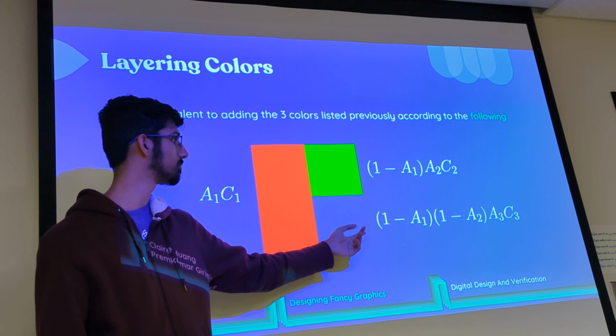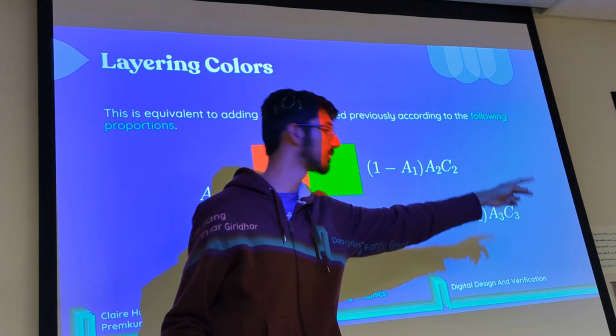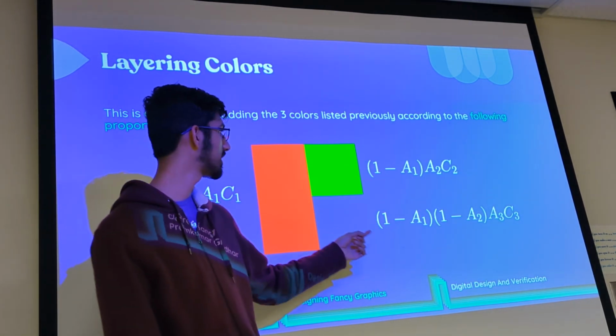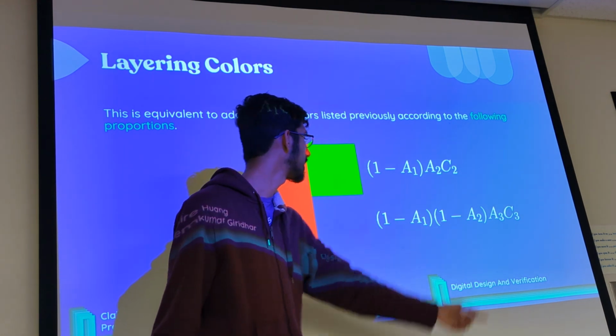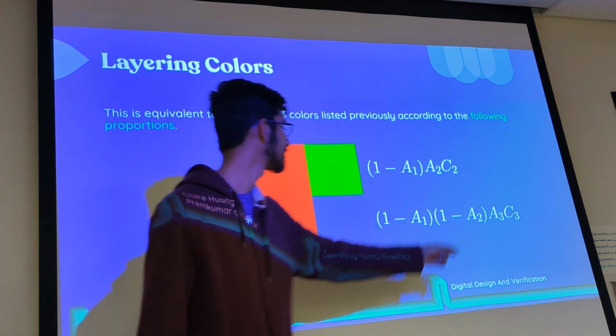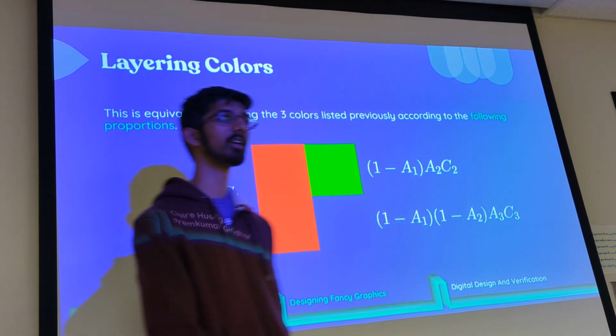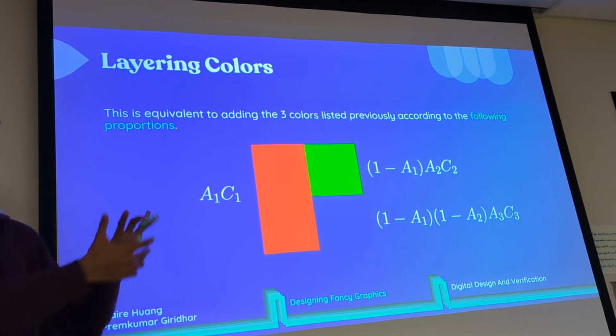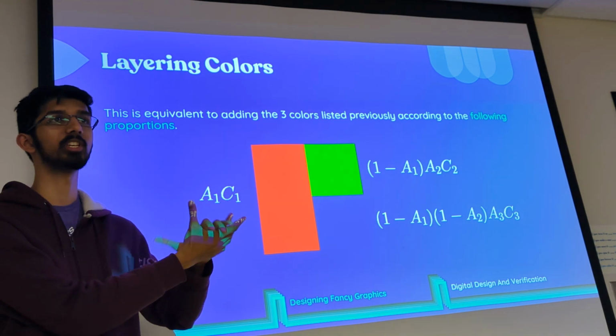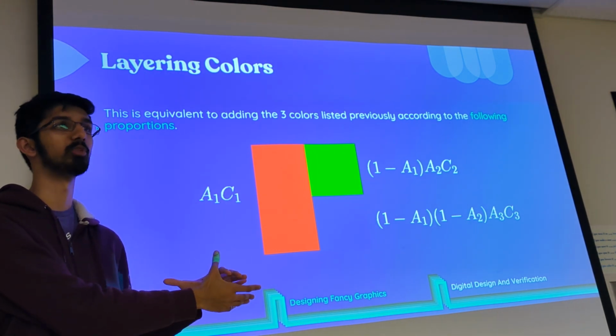And then for the background shade it's this times this times this, which is 0.5 times 0.5 times 1. So that's a remaining proportion of 0.25 for the final background color of blue.